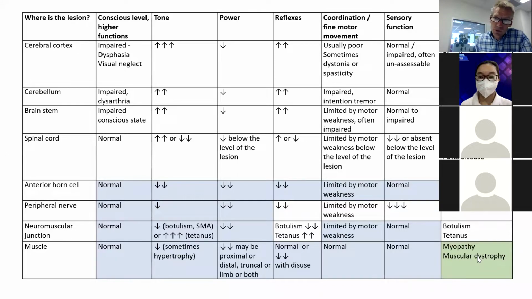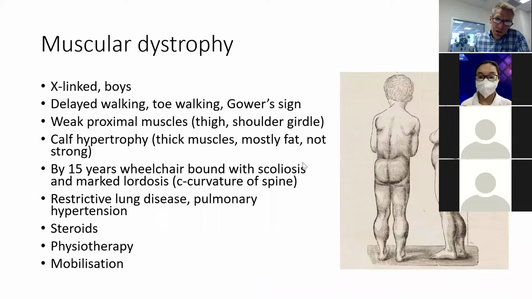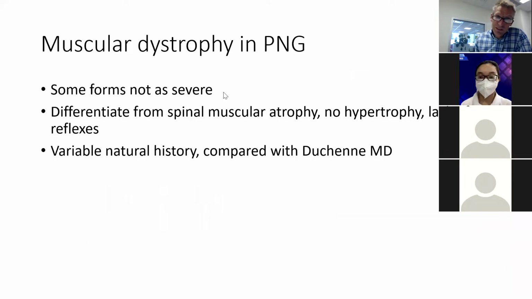And the reason I wanted to talk about it is because even though around the world Duchenne's muscular dystrophy is the most common cause of muscular dystrophy, in some countries and in PNG there are some other relatively common muscular dystrophies that have a better outlook. And sometimes there are whole families that have a form of muscular dystrophy where they have a lot of the clinical signs, but it usually starts a bit later.